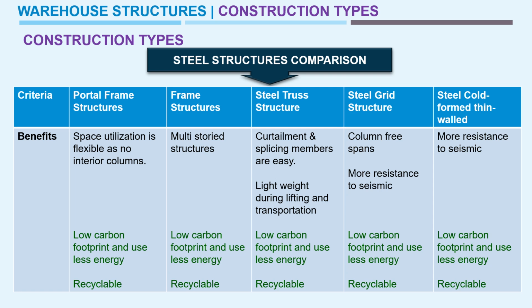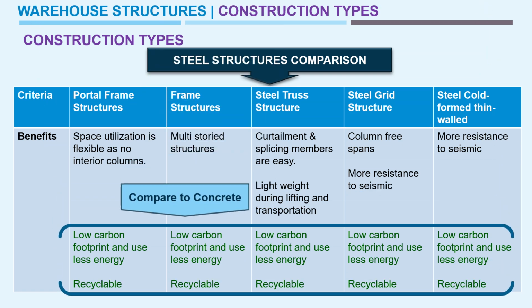But these benefits are not applicable to concrete. Because concrete produces mass debris if we dismantle the structure, it creates a lot of carbon footprint. Also, the construction labor activities are higher in concrete structures compared to steel. So all these benefits hold for steel structure rather than concrete.